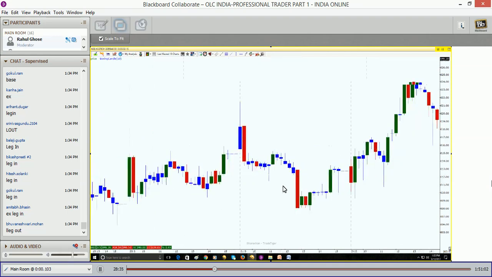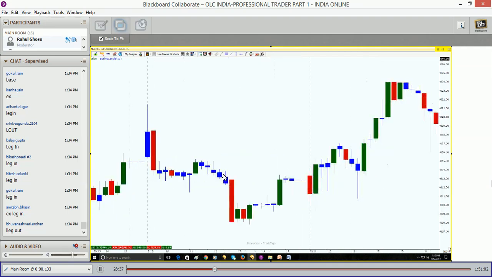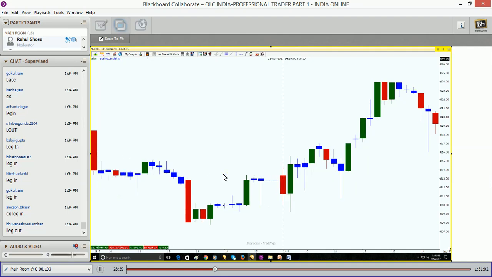I want to mark my zone on HCL Tech, friends, and let's assume my current market price is 820. I've taken this example on purpose. Let's say my current market price is 820.